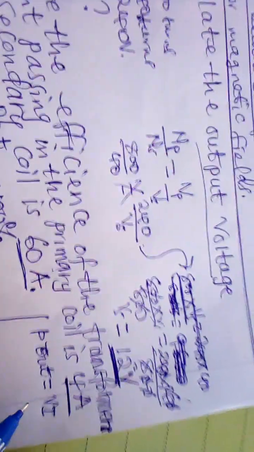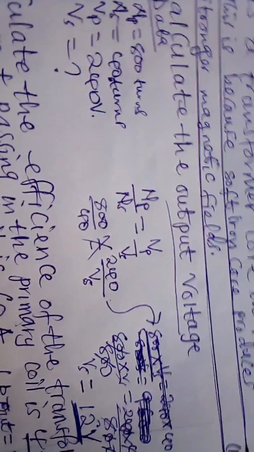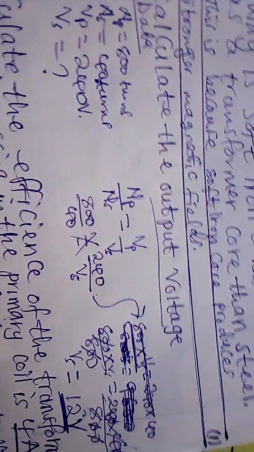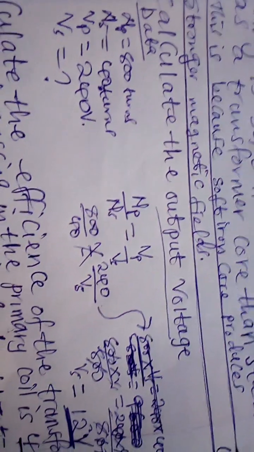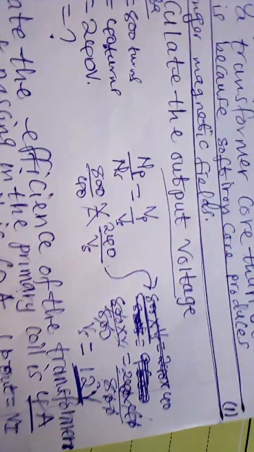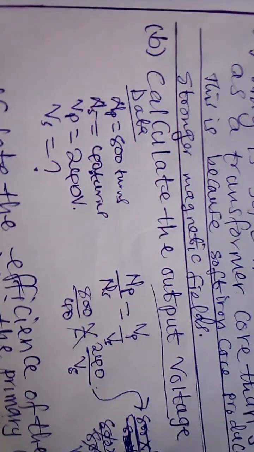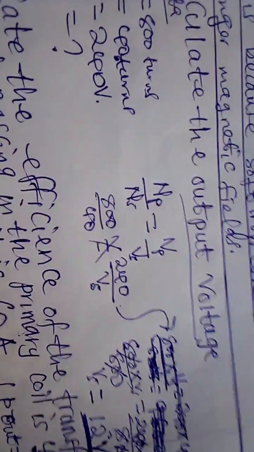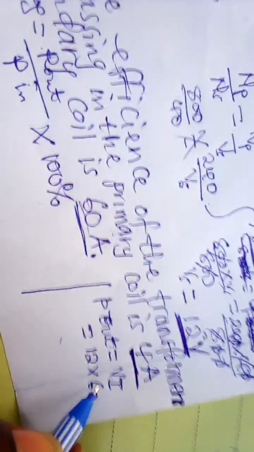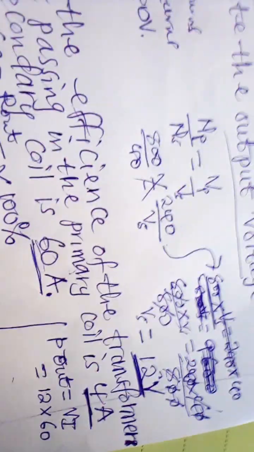The output voltage that we have calculated is 12. So we'll say 12 volts times the current we have been given in secondary, it is 60. So now power out is equals to 12 times 60. Let's calculate here.